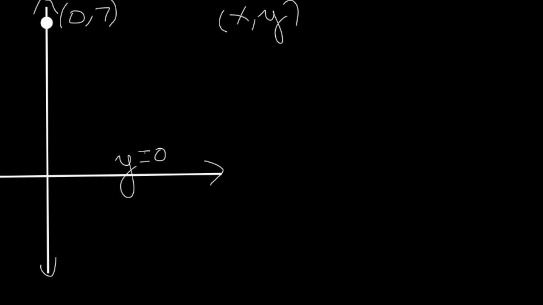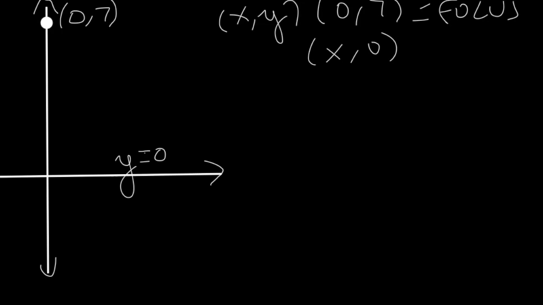In this case, our focus will simply be (0, 7), and the coordinate that would represent the x-axis would be (x, 0), because x could be any value, but y always has to be 0.